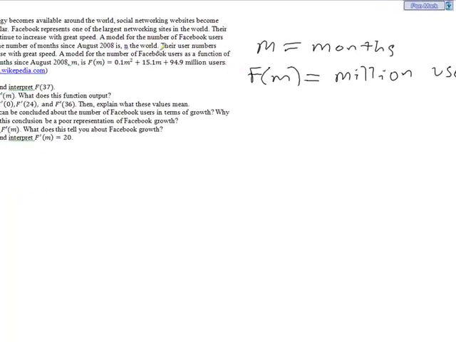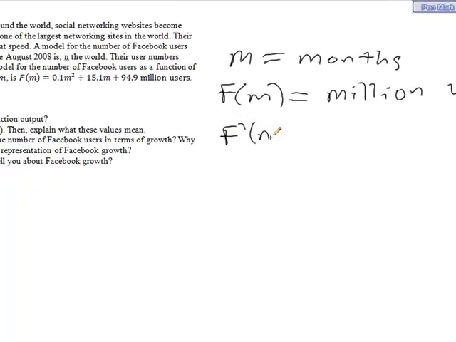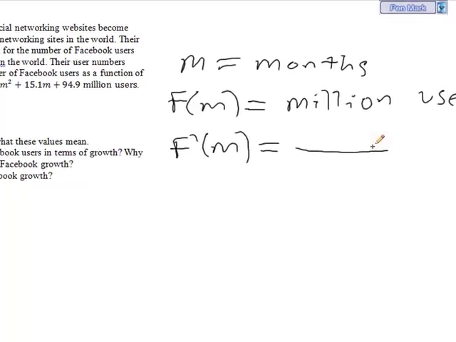Okay, what I'll do also is, because I know I'm working with derivatives here, identify the output units of my derivative function. Now, recalling that the derivative is a slope generating function, it spits out slopes based on what month you feed it. It's a rate of change in terms of change in output over change in input.